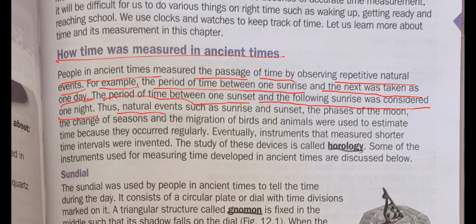Thus, natural events such as sunrise and sunset, the phases of the moon, the change of seasons, and the migration of birds and animals were used to estimate time because they occurred regularly. Eventually, instruments that measured shorter time intervals were invented.